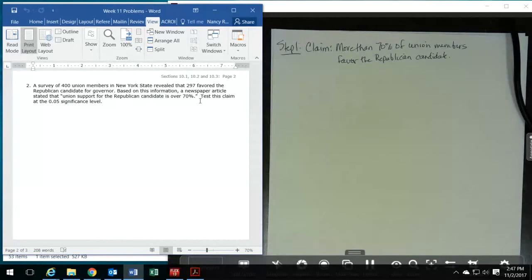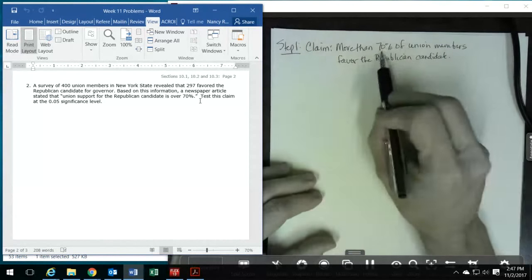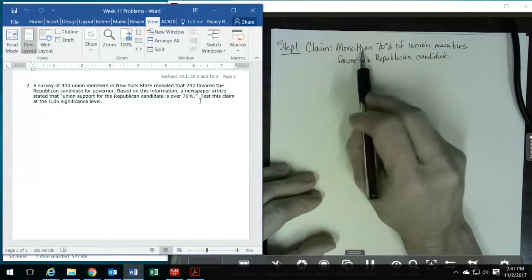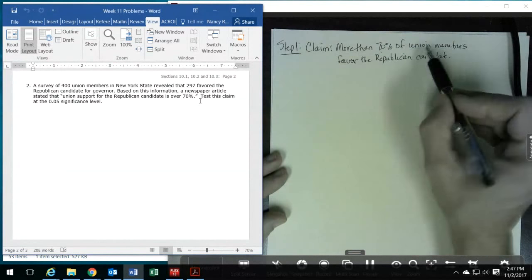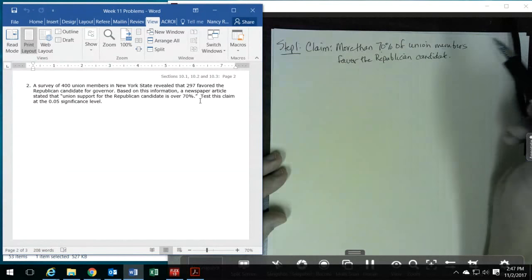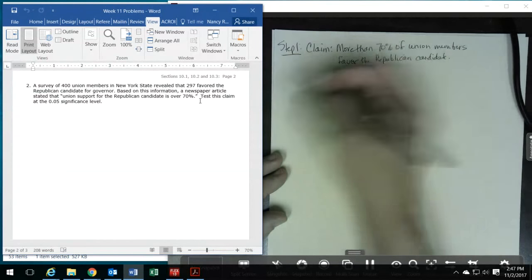It doesn't really matter which way you write it, as long as you're sure to get the numbers in there, and also something that tells you about what the inequality is going to be, and then a basic explanation of what it is that you're talking about.